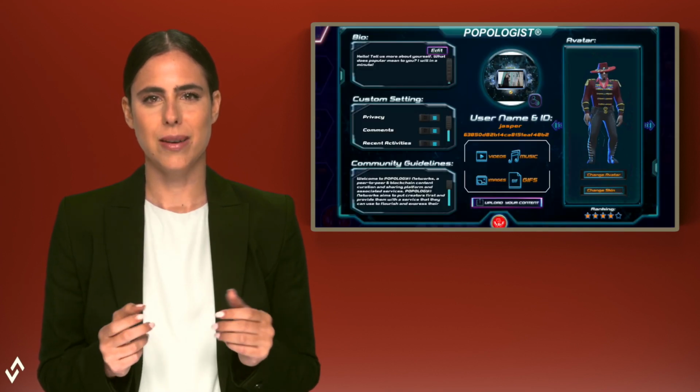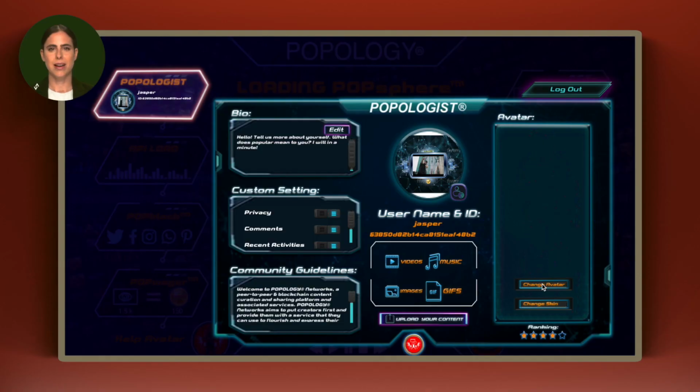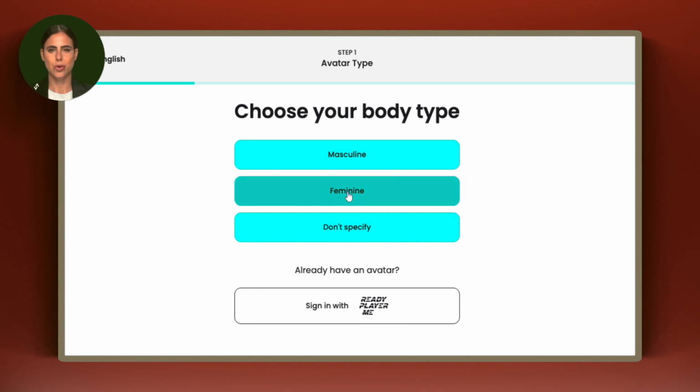All users can switch the default Popologist avatar to your own custom 3D avatar created by you. Just press Change Avatar below the dancing First Popologist mascot in your Popologist dashboard.